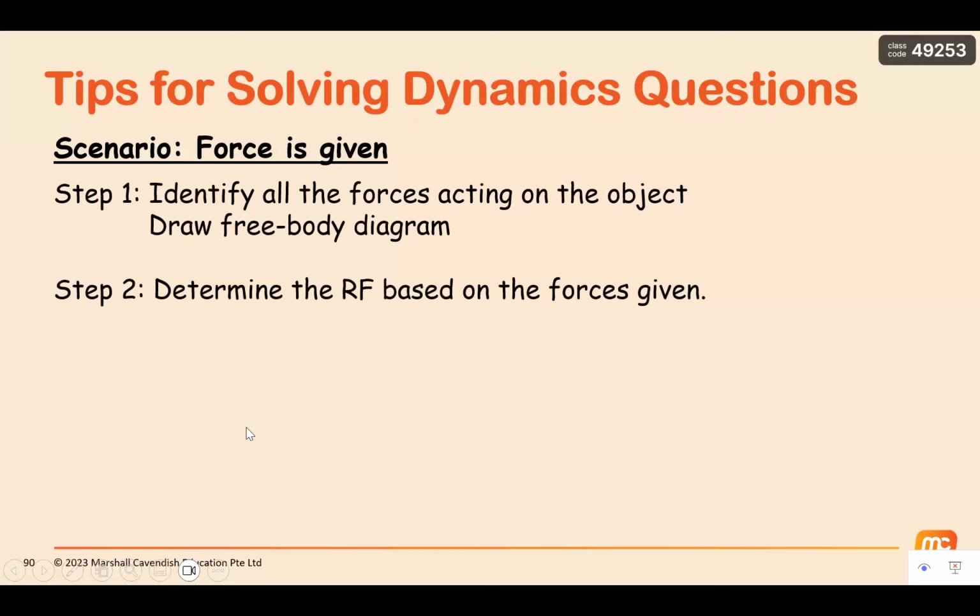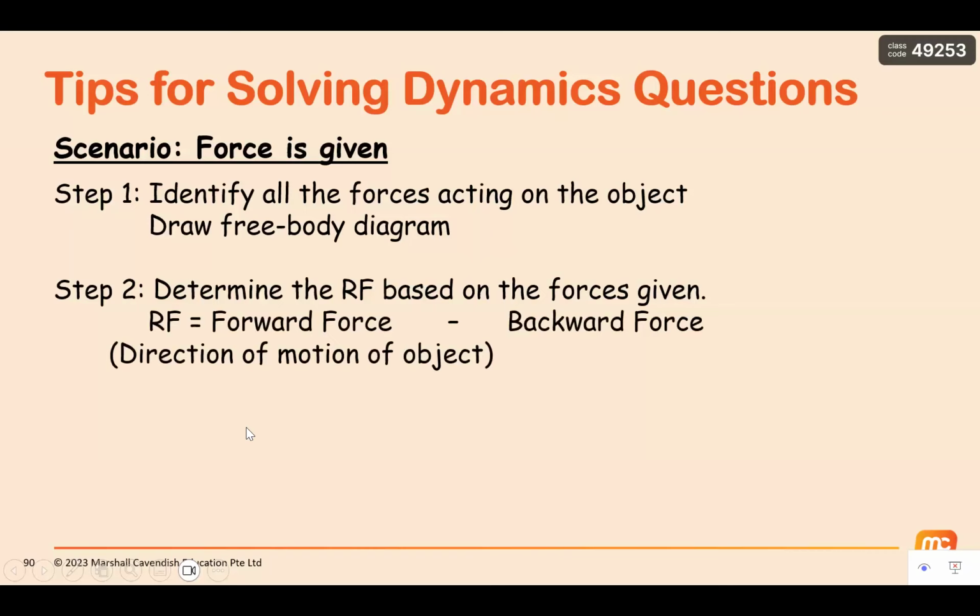Okay, after you have identified all the forces acting on the object, you can determine the resultant force based on the forces given. They might give you an upwards force, they might give you a downwards force, they might give you a frictional force, a driving force. So based on all those, and your free body diagram that shows the direction of all the forces, you can determine the resultant force.